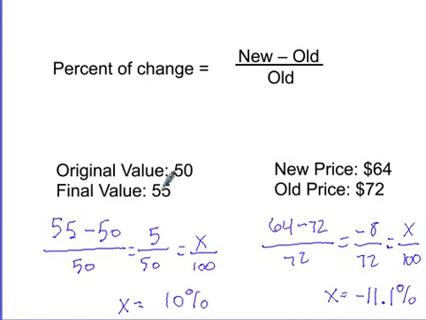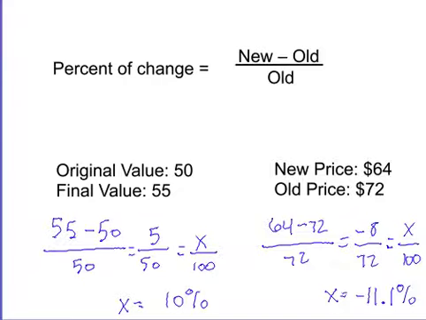This one went up, so it's an increase. This one went down, so it's a decrease, right? Brett, is this all about negatives and positives? It's just going to depend on the way it's worded. It does ask you to identify increase and decrease, so go ahead and do that for now.